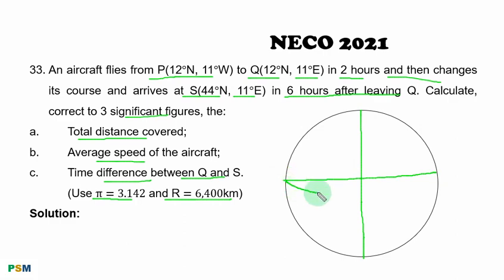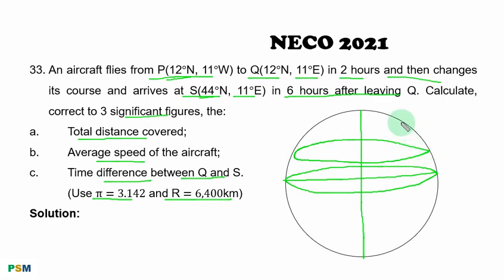You draw the equator, latitude 0 degrees. We have two other latitudes, 12 degrees north, 44 degrees north. Starting from the equator, the first one is 12 degrees north and the second is 44 degrees north.